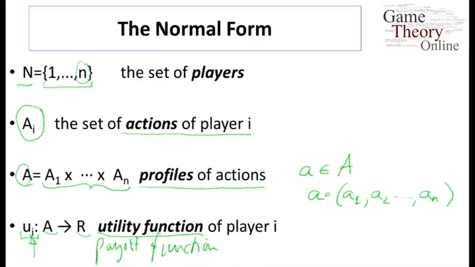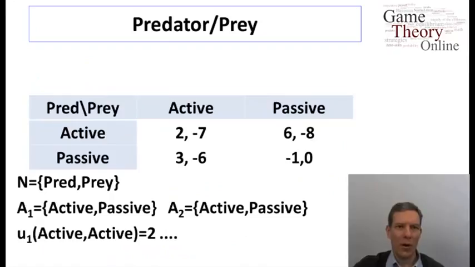So just in terms of examples, if we go back to our predator-prey relationship, here N was the set of 2 players, the predator and the prey. They each had action spaces that were identical. They could either be active or passive, so they each had 2 actions available.